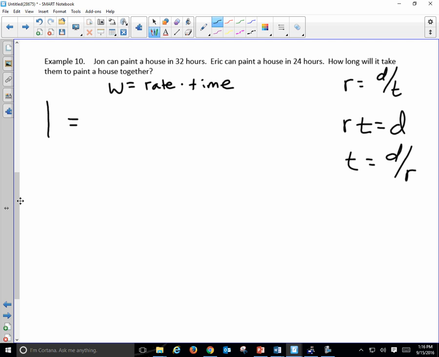So 1 is going to be equal to the work done by John plus the work done by Eric. For example, suppose John does 40% of the work and Eric does 60% of the work, then they'll do a full job.